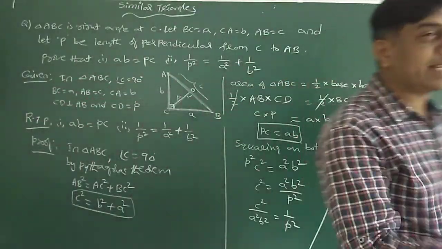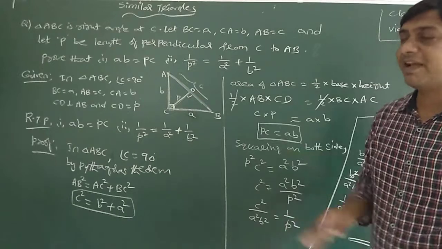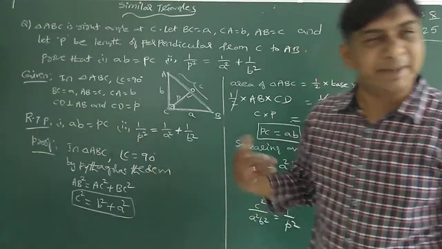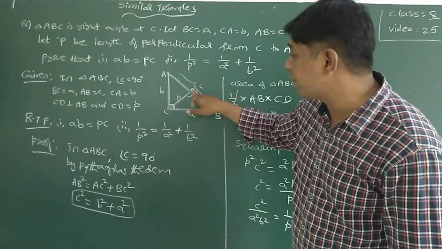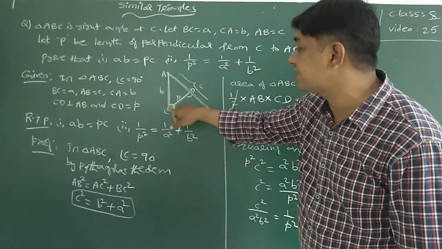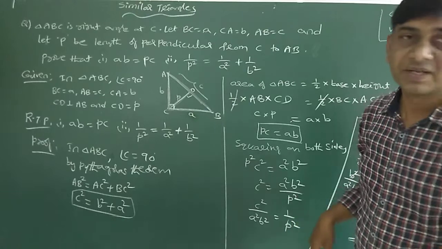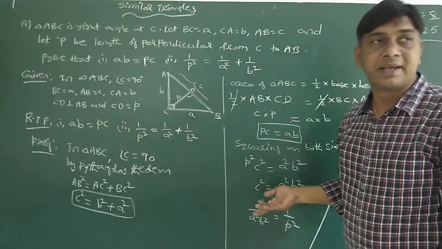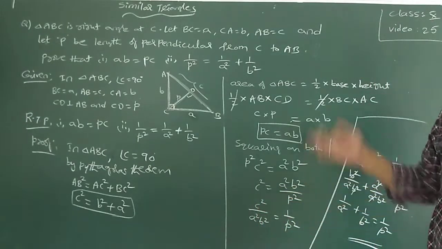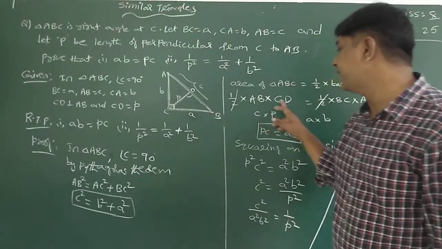But for the same triangle, another way also we can find the area, because there is another altitude: from the C vertex, a perpendicular is also drawn on AB, so this CD is also an altitude. If CD is the altitude, then obviously AB is the base. By using that, I wrote half into AB into CD.